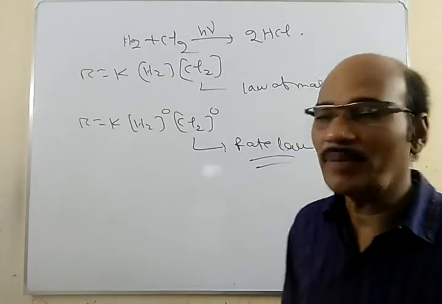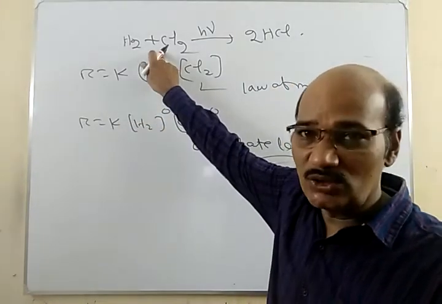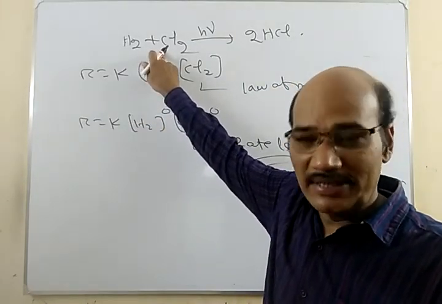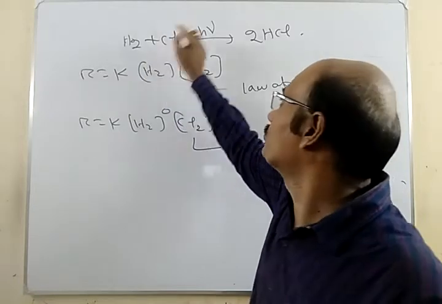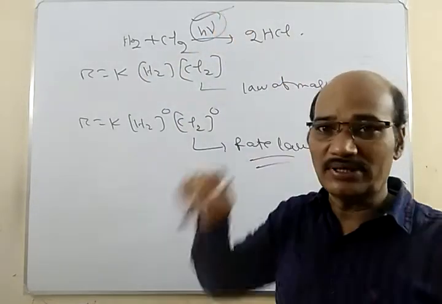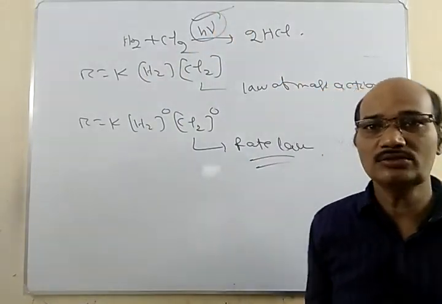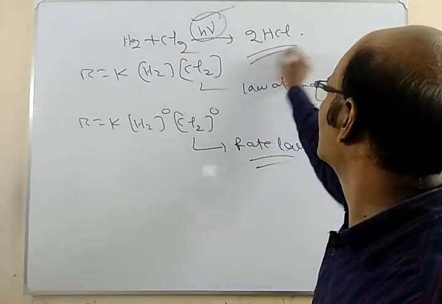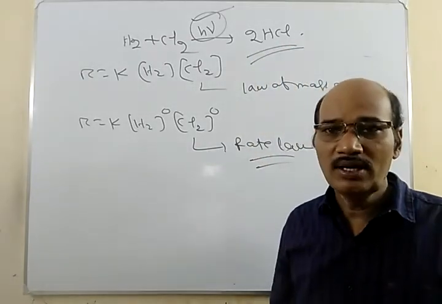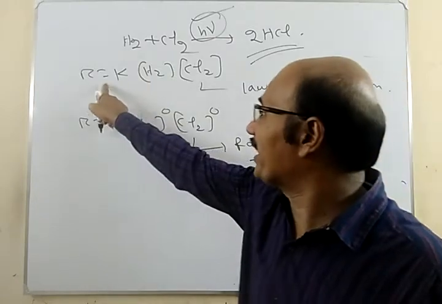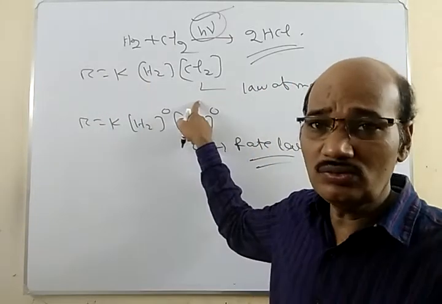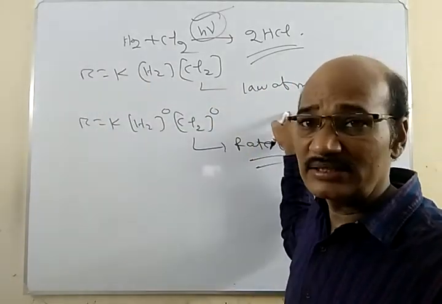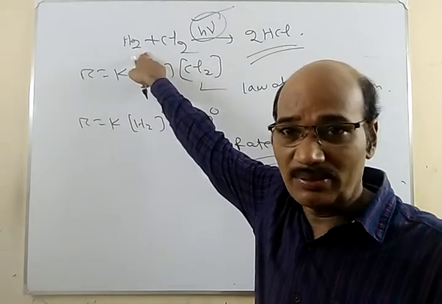Now we see when H2 and Cl2 are reacting in presence of light, hν, a photochemical reaction, we are getting this HCl, and this we are writing R equal to K [H2][Cl2], called the law of mass action, simply from the balanced chemical equation.